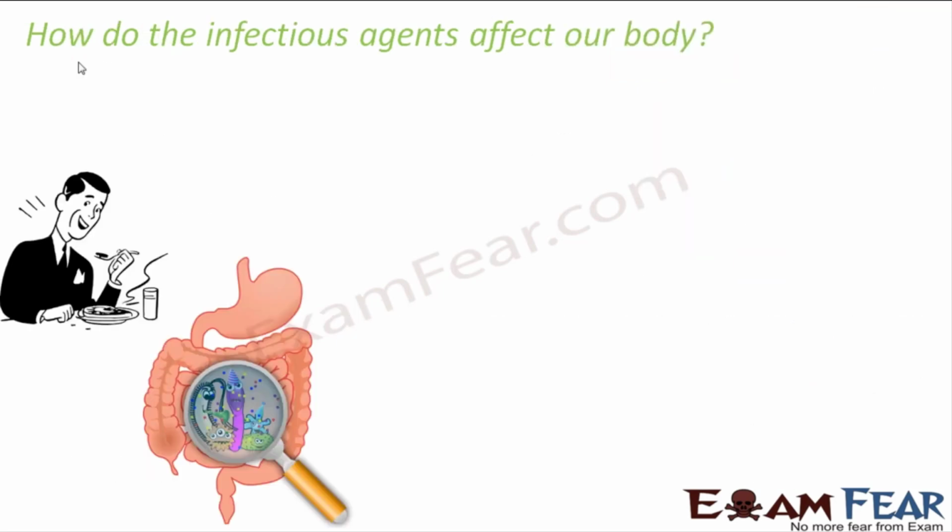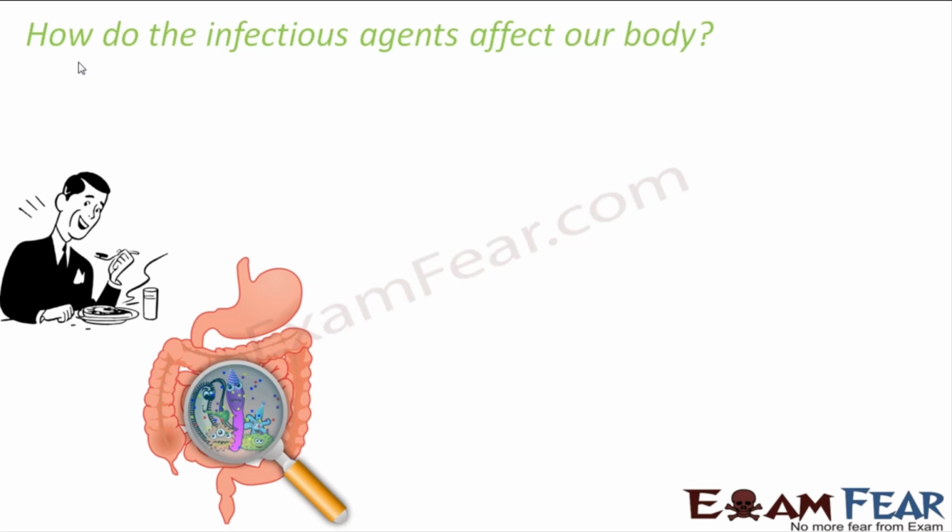Okay. So with this, we got quite a good amount of idea about the infectious diseases, what causes the infectious diseases, how the infectious disease spreads from one person to another person, right? So now we will talk about how the infectious agents affect our body.